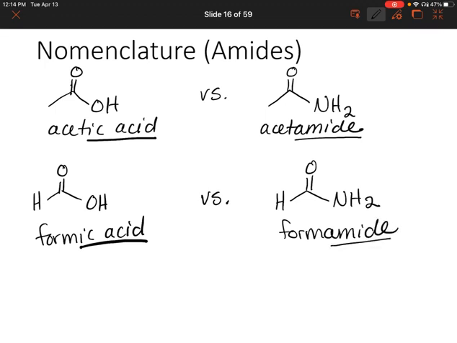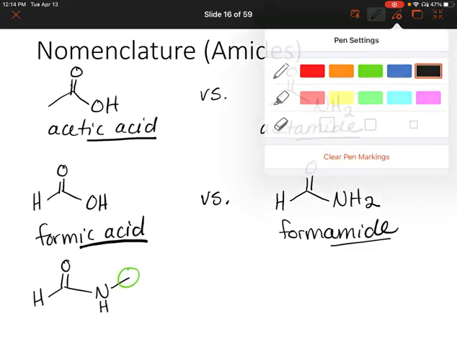Now, what if we replace the OH group on formic acid with a secondary amine? So we're forming a secondary amide. So let's say instead we have a methyl group replacing one of those hydrogens. Well, the way that we would name this is we would name that substituent that's attached to the nitrogen first.